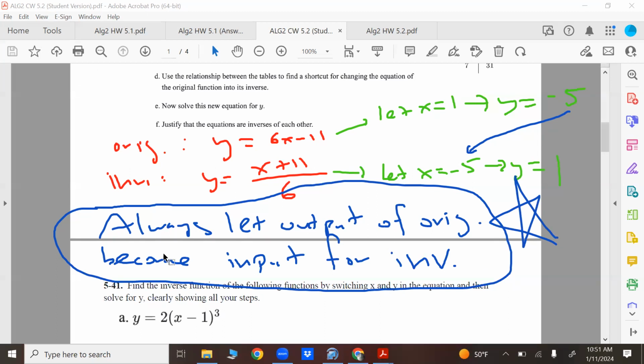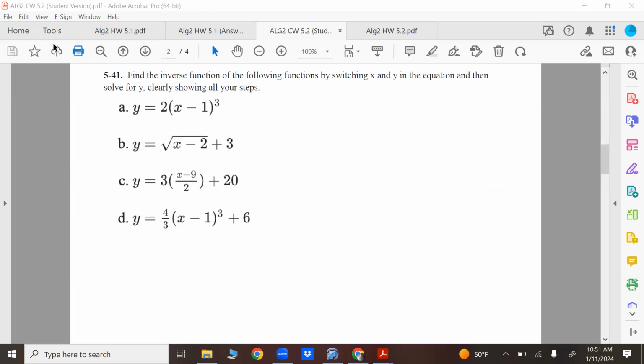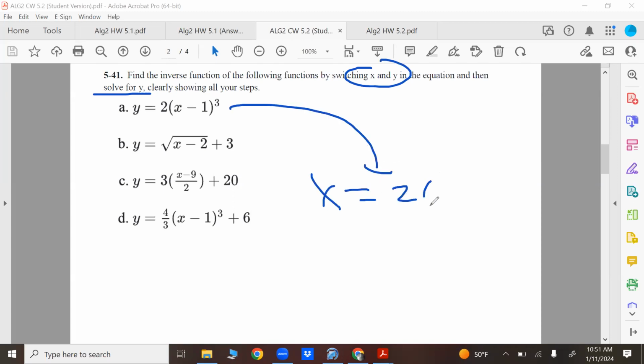Okay, so let me start with part A for 541. And then I'm going to have you guys do B, C, D in your table groups. So again, you're going to switch X and Y and solve for Y. So now X equals 2 times (Y minus 1) cubed. Makes sense, right? That's step one.